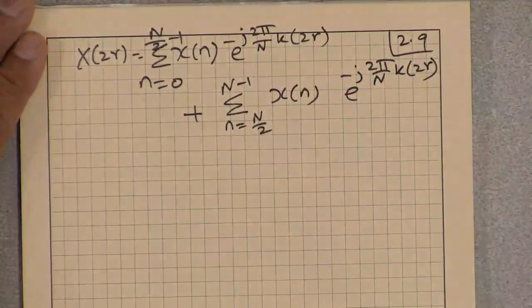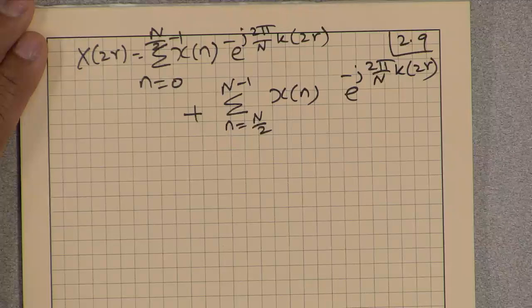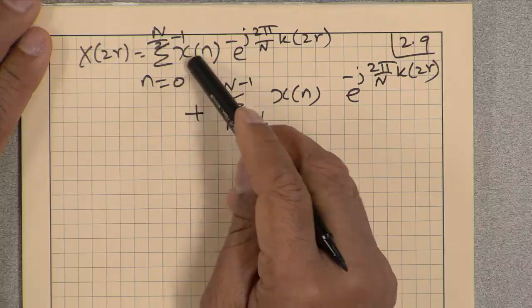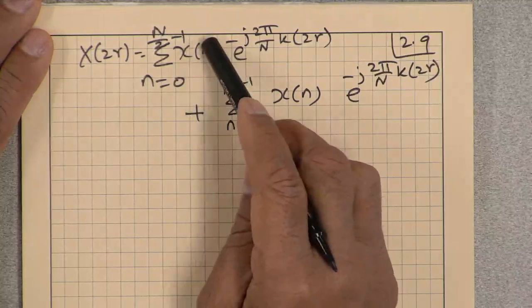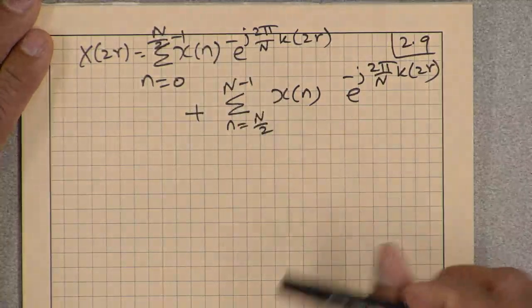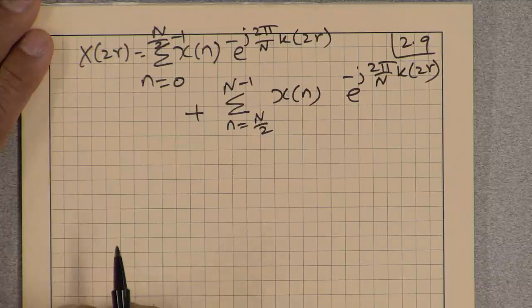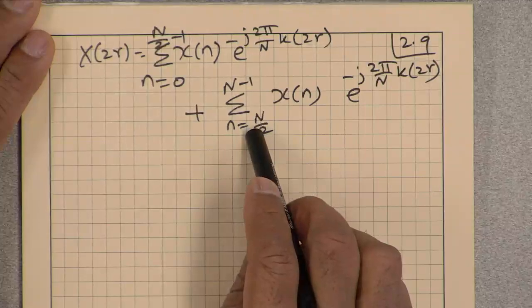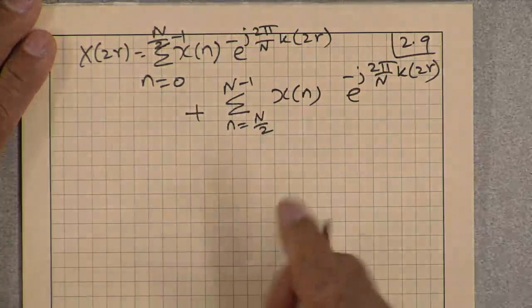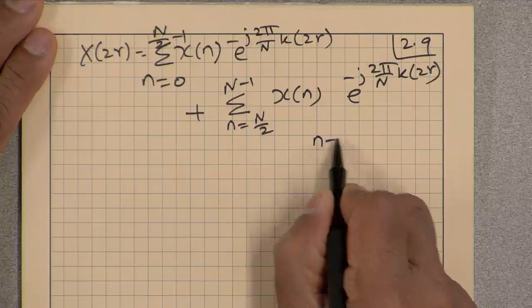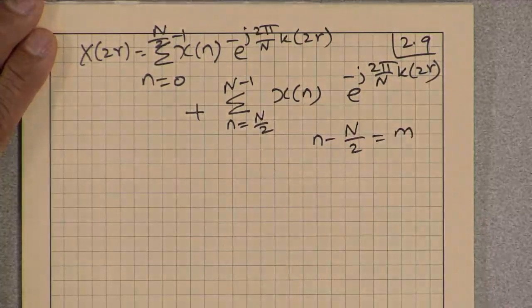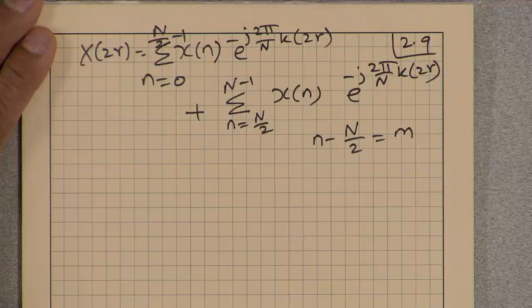Okay, so we have divided the sum into two different groups. The first group has the first N by 2 samples, and this group has the next N by 2 samples. The next goal is to bring these two summing indices to the same range. And we can do that by replacing n minus N by 2 as m.